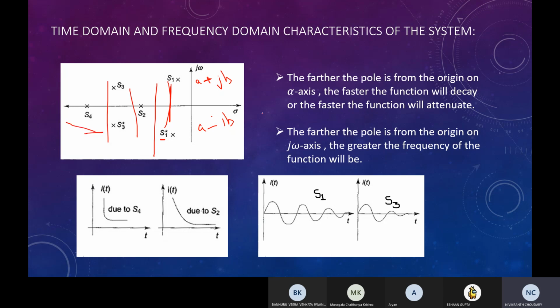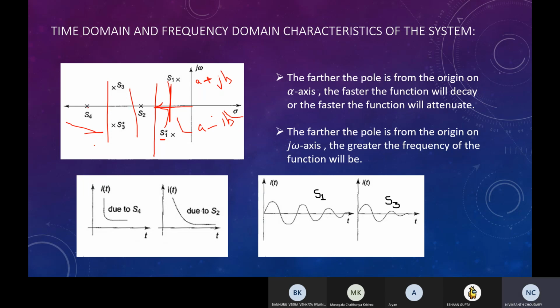The farther the pole is from the origin in this direction, that is, the greater the magnitude of sigma, the real part of the pole, the greater the decay rate of that function. Suppose you look at S4 and S2.